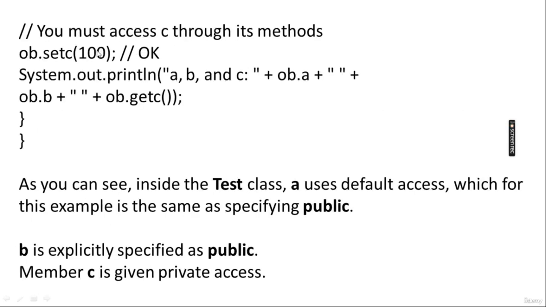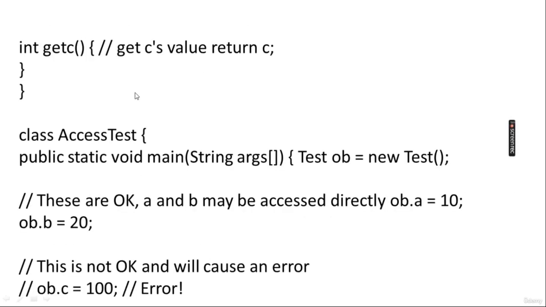So how to do it now? Object dot setc(100). Then print a, b, c: object dot a, object dot b, and how to get c? Object dot getc. You can see the difference of public and private. For public members, I can directly assign them using object dot a is equal to 10, object dot b is equal to 20.